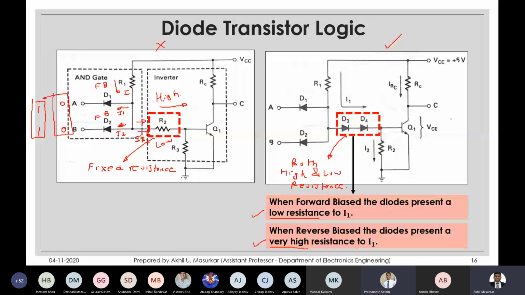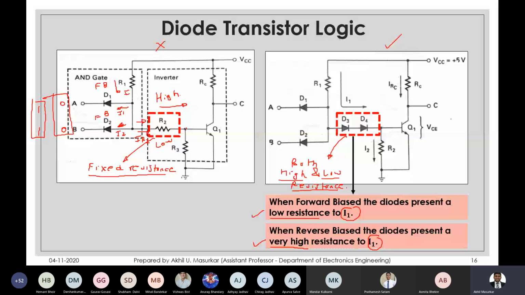Yes, sir. Thank you. So the fixed value, that's what I have written here, the value here is fixed, but we want high and low depending on the value of I1. If I1 tries to flow in this branch, then we should not obstruct it. We should make a low resistance path. If I1 is not trying to flow through it, then we should have a high resistance in that place.